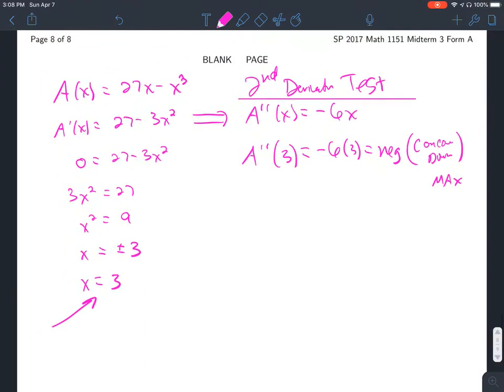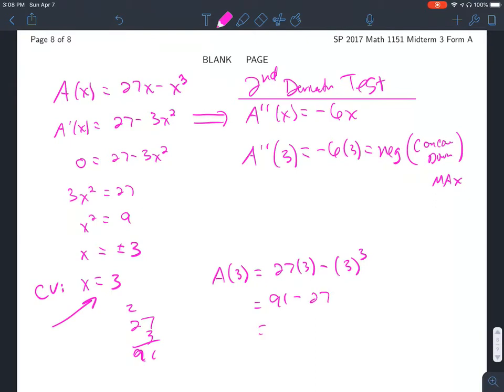So once we know that we're going to use a 3, this is a critical value, we take the original function and we replace the x in it with a 3 to find this maximum area. 27 times 3, I'm terrible with math. 71, that doesn't sound right. 91, that sounds better. 3 cubed is 27. 91 minus 27 is 64.